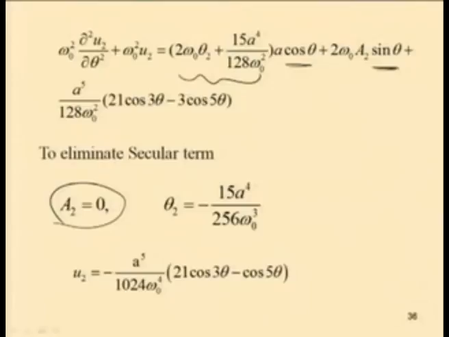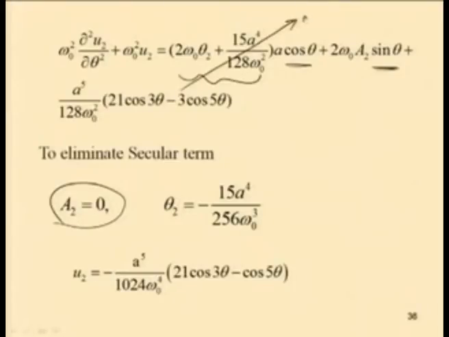So, by substituting that, we can write this theta 2. This theta 2 now becomes minus 15 a fourth by 256. So, these 2 can be multiplied here. This theta 2 becomes minus 15 a fourth by 256 omega 0 square, and omega 0 multiplied again, so this becomes minus 256 omega cube. So, now these two terms have been eliminated.